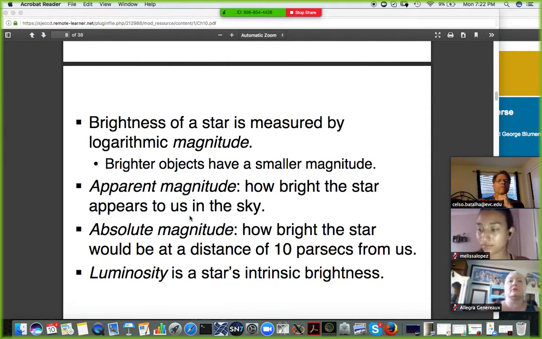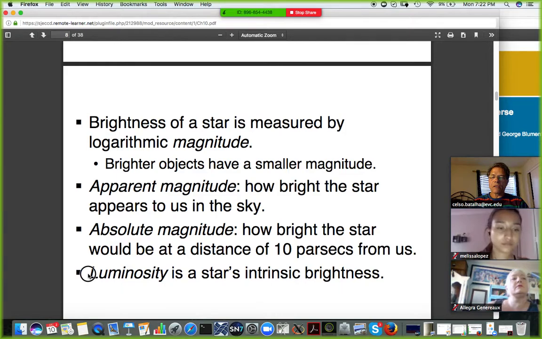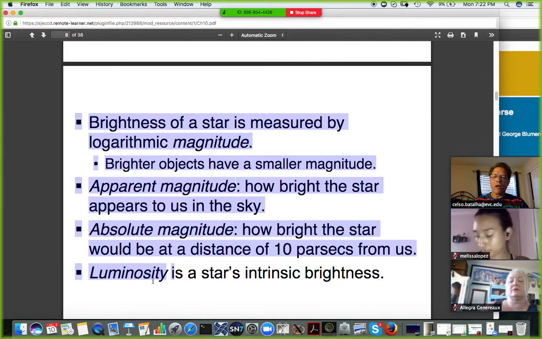But also somebody could claim, well, if a star is small and you compare it with a star that's giant, the giant star will appear to be brighter than the smaller star. So this chapter will lead us to first identify one important term, and that is luminosity.